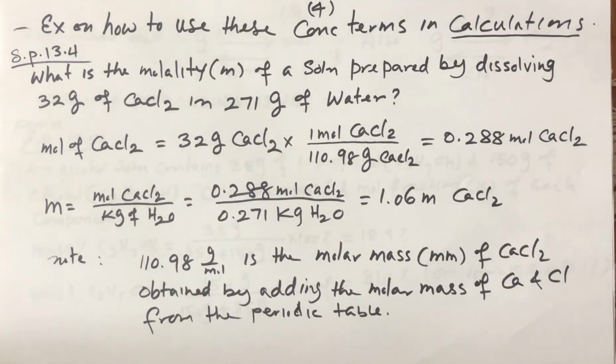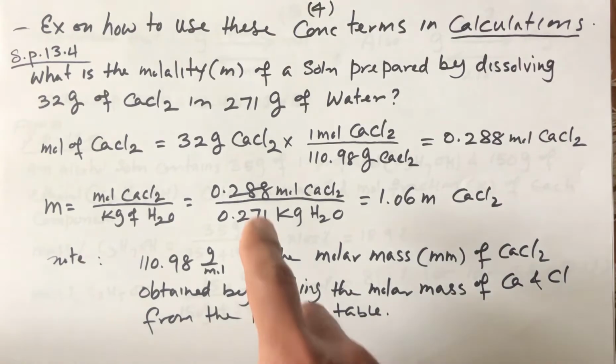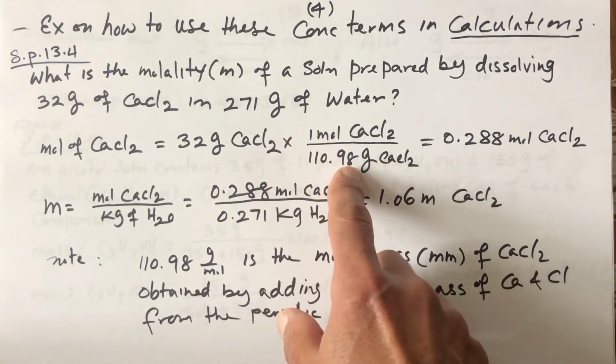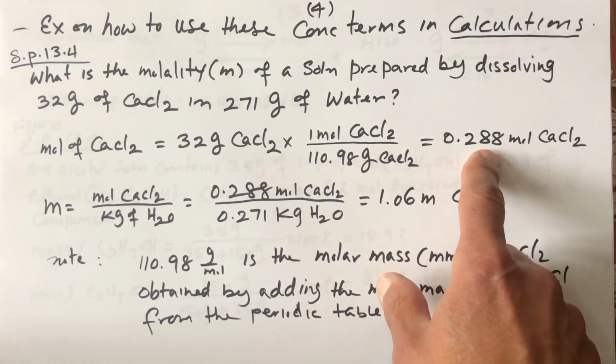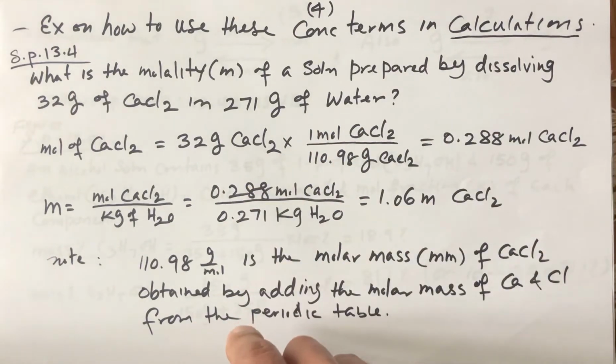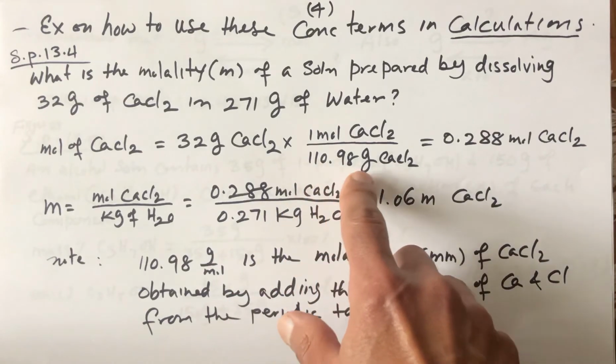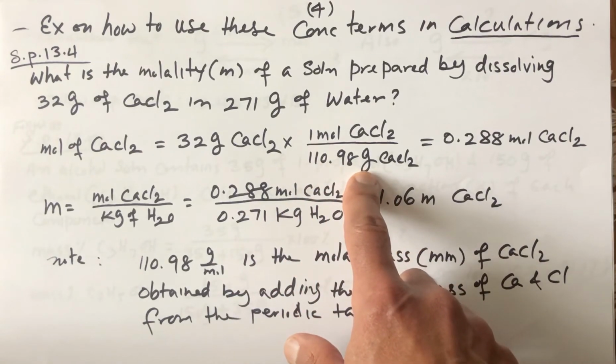Now, in order to convert the grams to moles, we need the molar mass, because you remember that when you divide the grams by the molar mass, you get moles. That's basically from General Chemistry 1. So the molar mass of calcium chloride is 110.98.